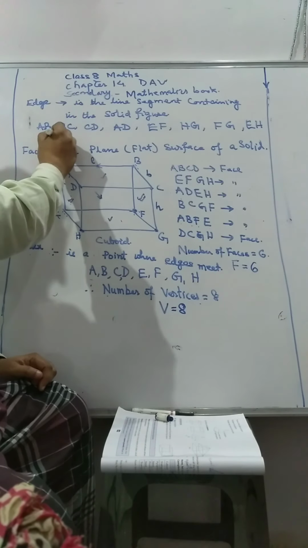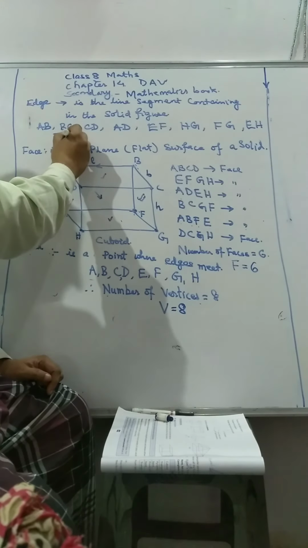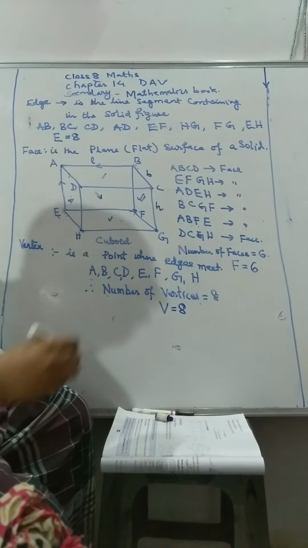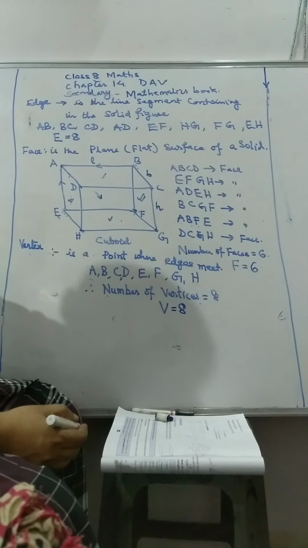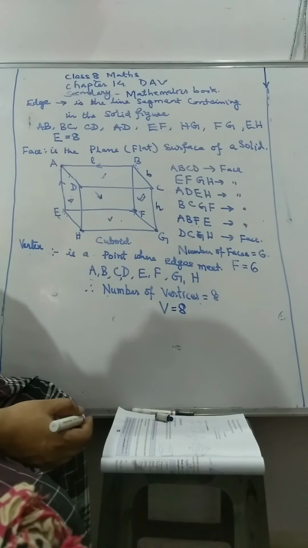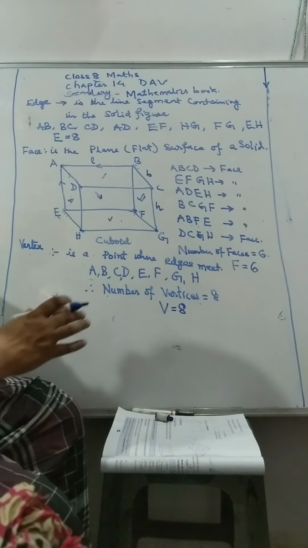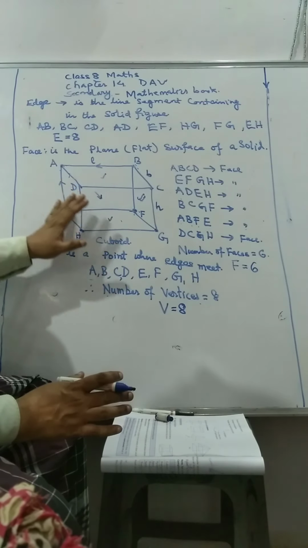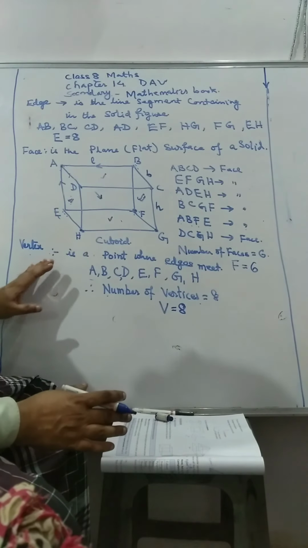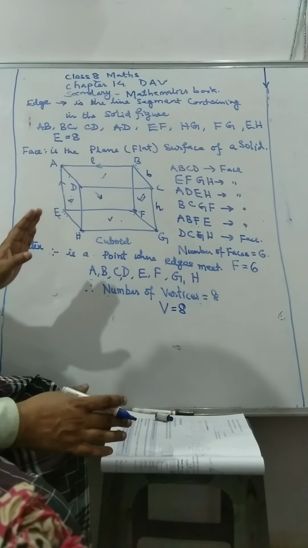The number of edges is denoted by E, so suppose the number of edges is 8. Here we see that in a cuboid there are 6 faces, 8 vertices and 8 edges.